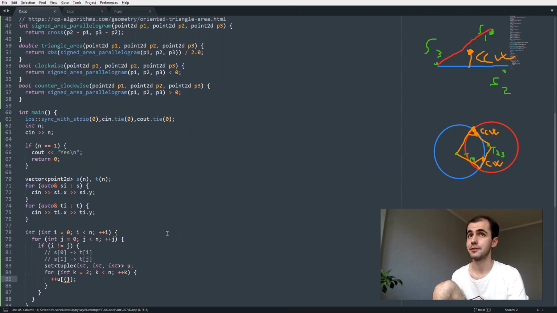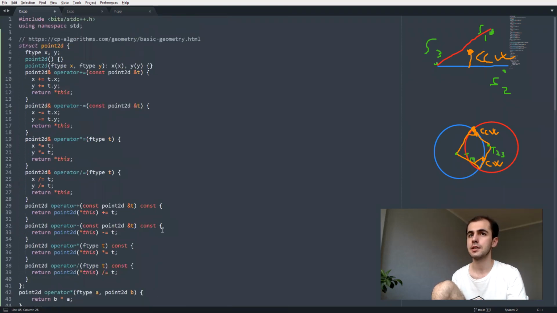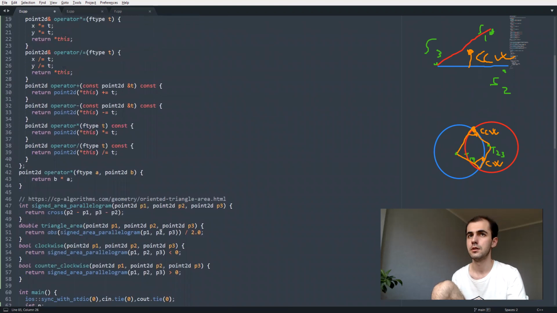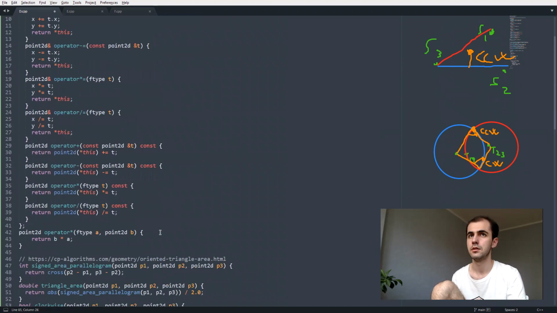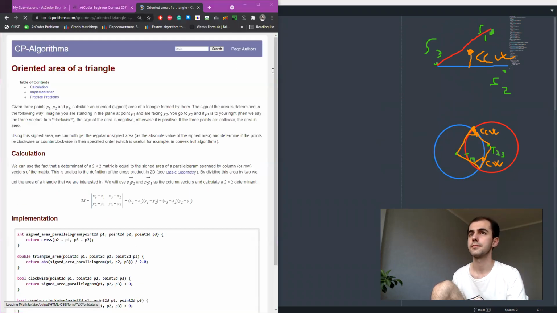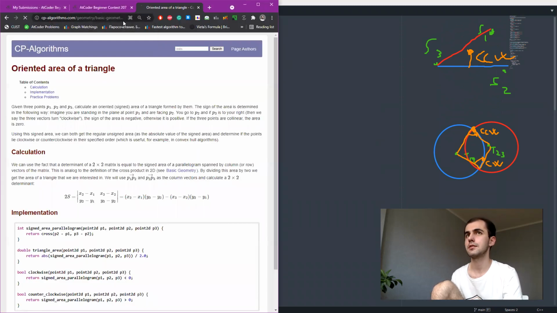First is distance. So distance from where to where? From S_k to S_0. We can subtract and we can call it.